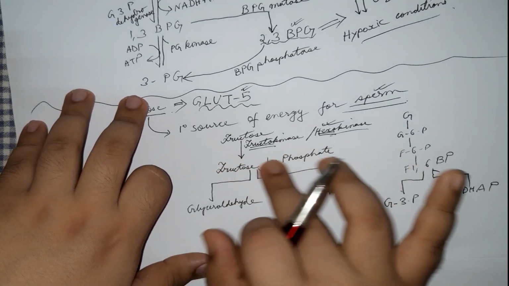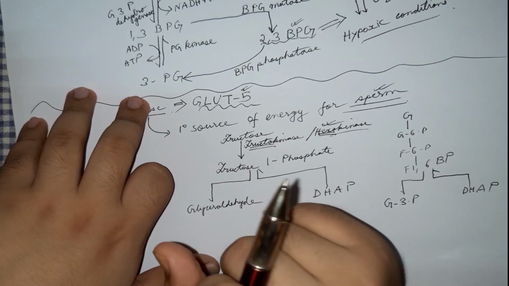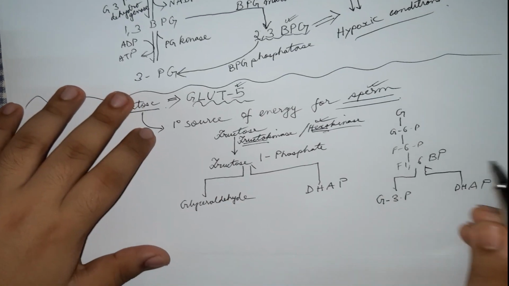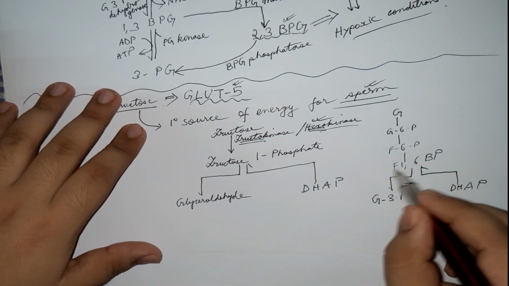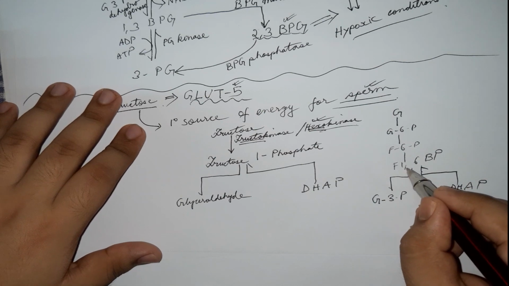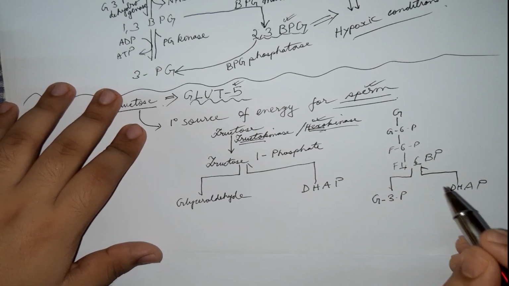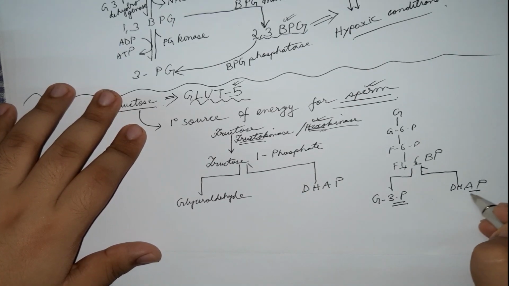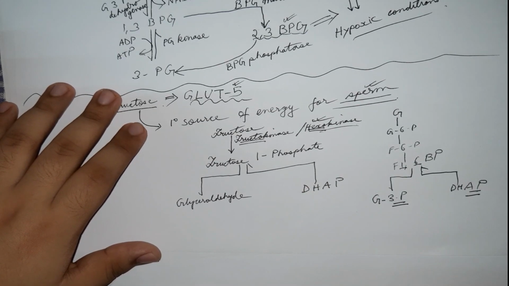No. This fructose 1-phosphate is directly split. And in glucose metabolism, it was fructose 1,6-bisphosphate which had split, and hence both the products formed had one phosphate each.